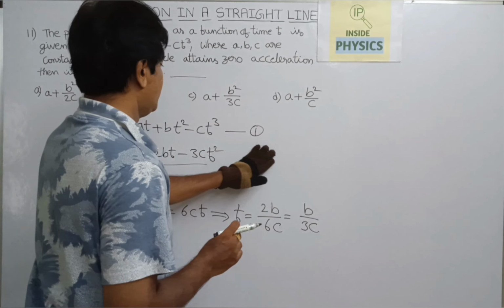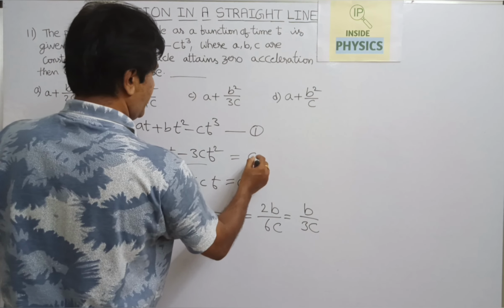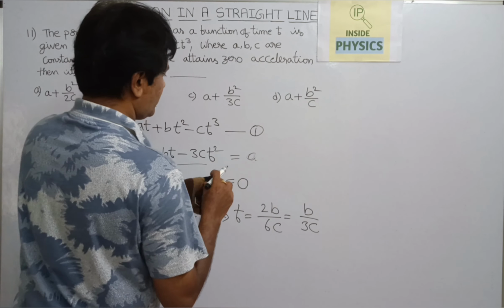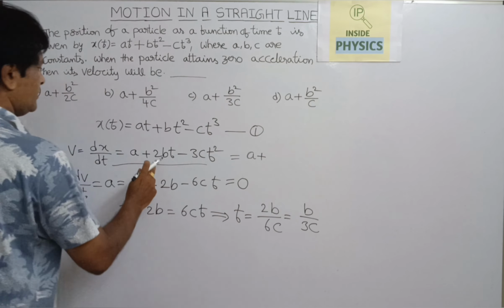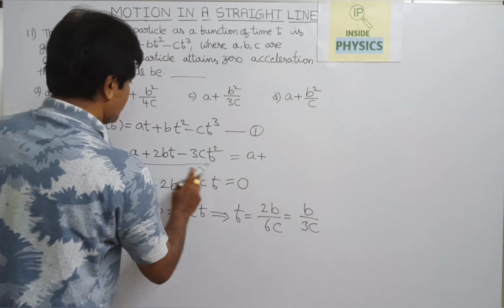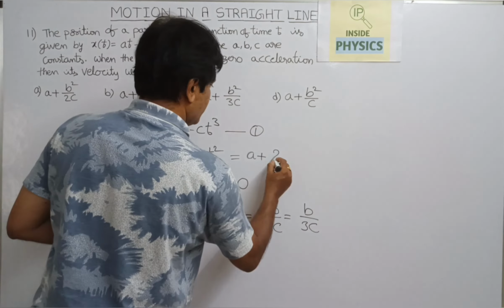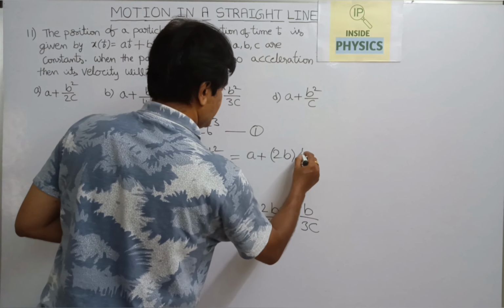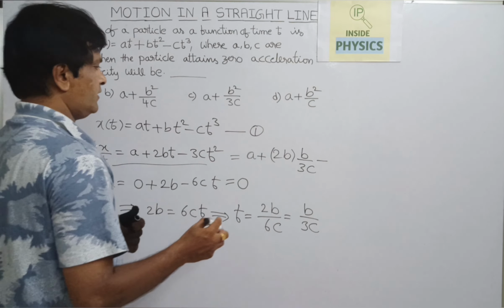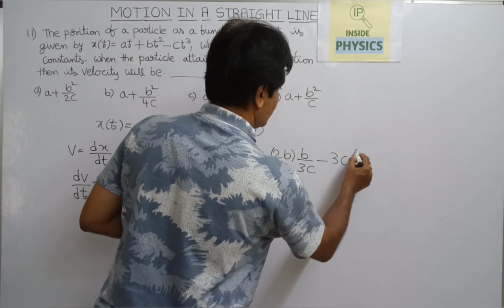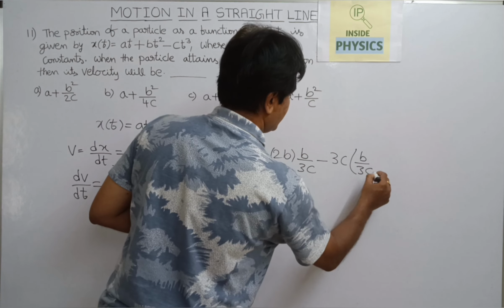This equation will become a. There is no time in the first term, so we take it as a only, plus 2bt. Here substitute t with b by 3c, minus 3ct². So 3c into what is t? b by 3c whole square.